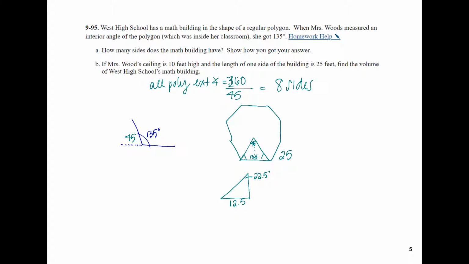To find the height of my triangle, I can use the tangent, which equals my opposite side over my adjacent side. So x is equal to 12.5 divided by the tangent of 22.5, which gives me approximately 30.18.